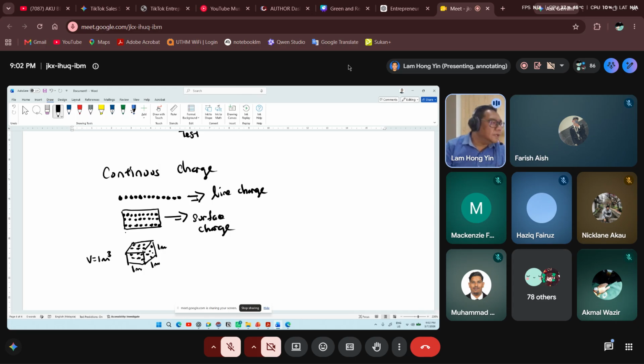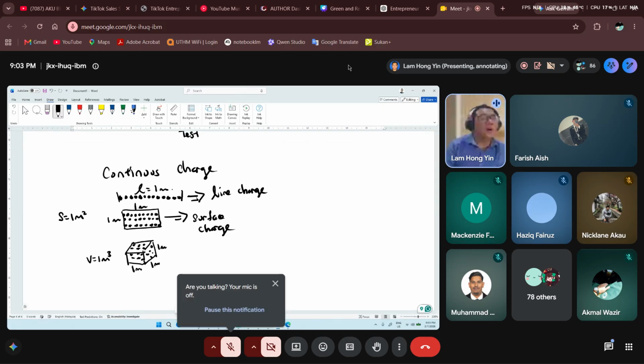For the surface area, if I multiply 1 meter by 1 meter, it becomes 1 meter square. And if I measure the length of this line, it becomes 1 meter, for example.